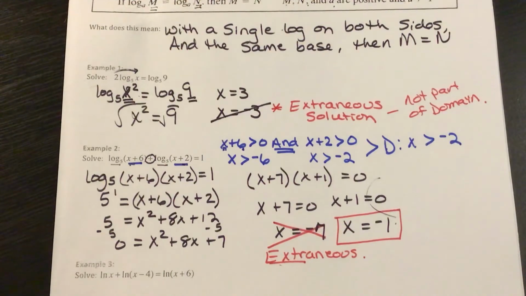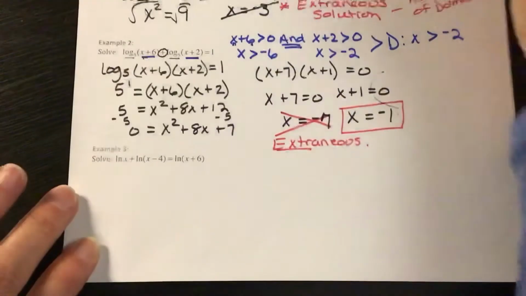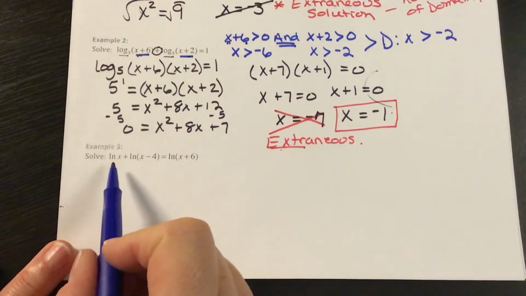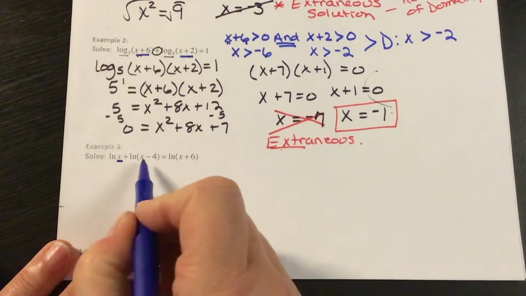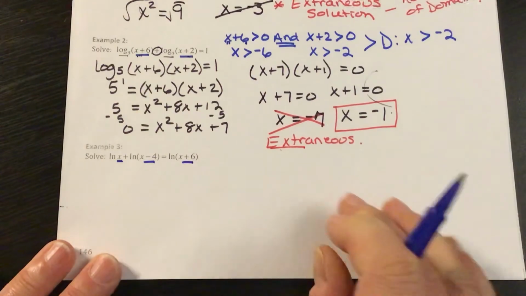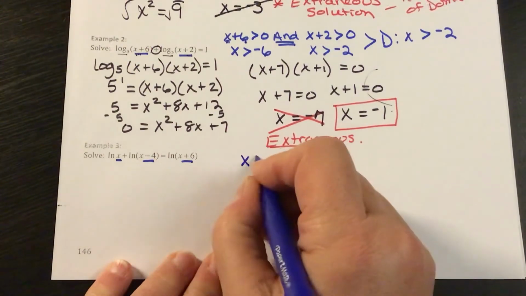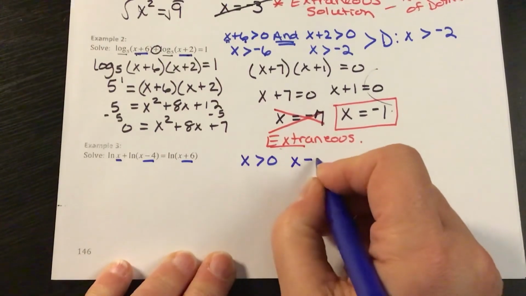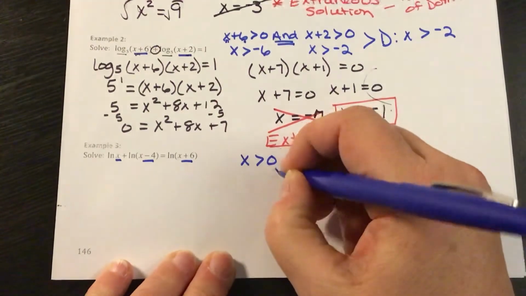All right, in this next problem, in example 3, we have natural logs, and if I look at these numbers inside here, in terms of my domain, I have to have x is greater than 0, x minus 4 is greater than 0, and these are ands.